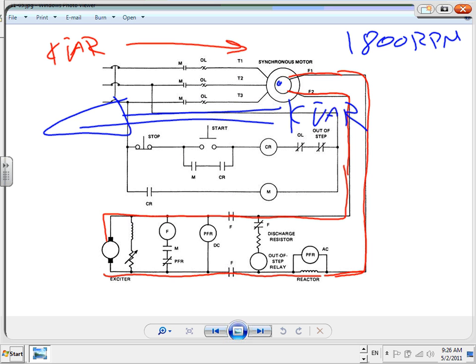You can get close, 750, 780, but you can't get 800. Because to get the 800, the rotor has to run at the same speed as the synchronous speed. Remember the slip and the synchronous speed? The only way you can make the rotor lock speed-wise with the synchronous speed is by adding DC right inside the rotor. We have slip rings, they put DC in, and the rotor is rotating and attached to a slip ring that's bringing DC to it. They lock them in synchronous.